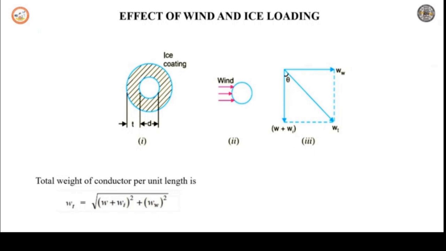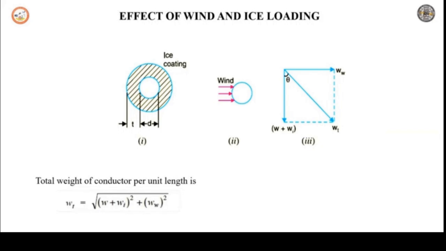Now, let us consider a conductor with diameter d. Please look at the diagram properly. Consider the diameter d, coated with ice. The thickness of ice is shown as t here. Hence, the overall diameter of the coated conductor increases to d plus 2t.